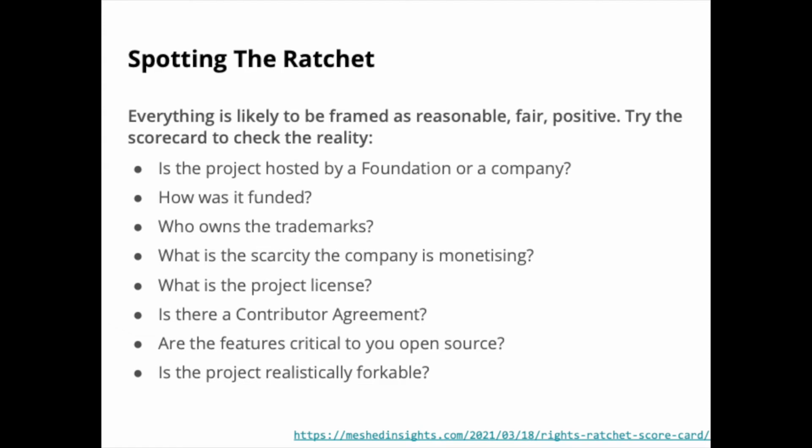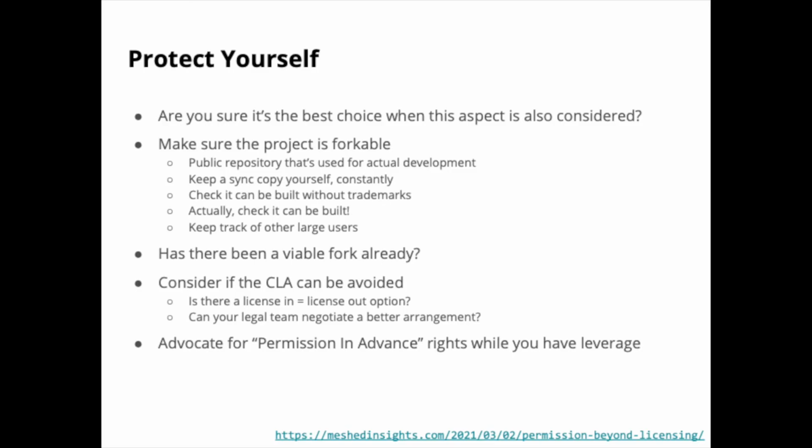And you'll want to check that the project is realistically forkable. Now, when I say realistically forkable, I've got a few hints about what that means. A realistically forkable project is one that will have a public repository that's actually used for live development and is associated with a bug database and probably associated with CI/CD.